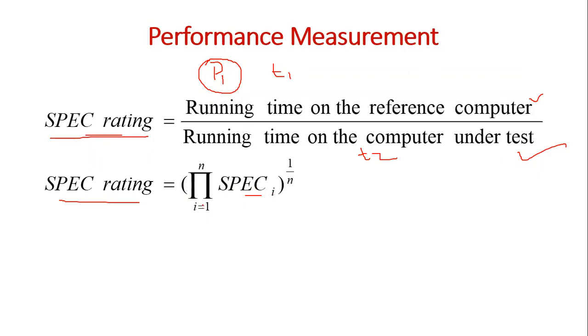Like that, you calculate from the first program to the nth program, calculate the spec rating for all these programs, and calculate like this. Okay. So this is the formula given.